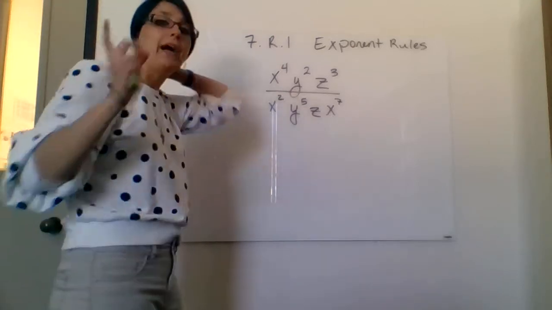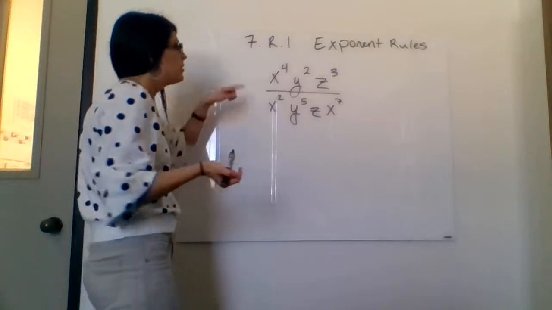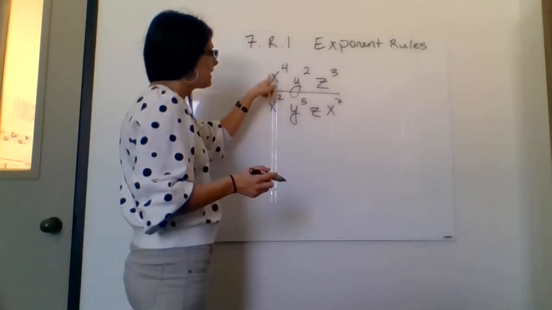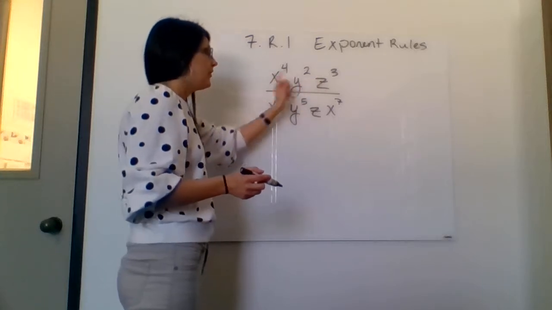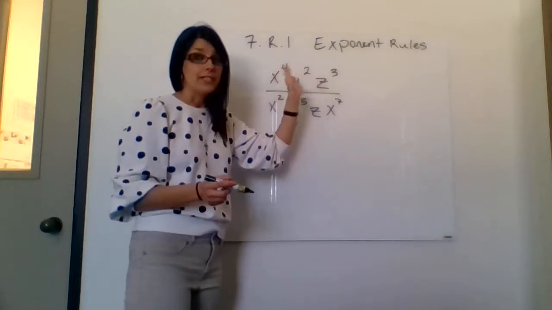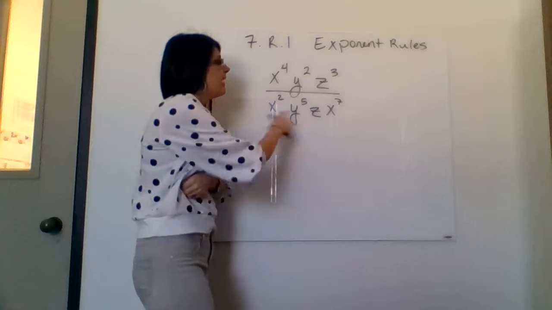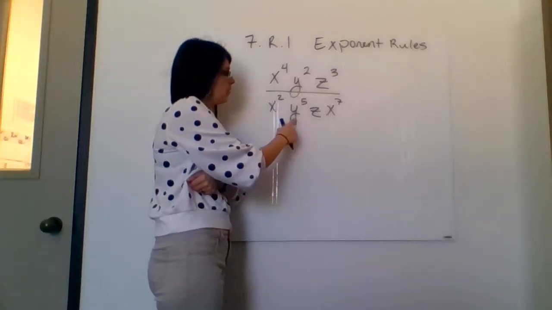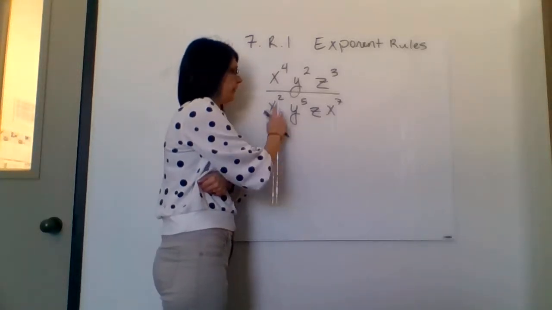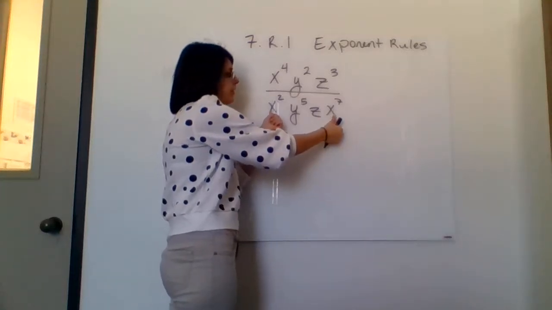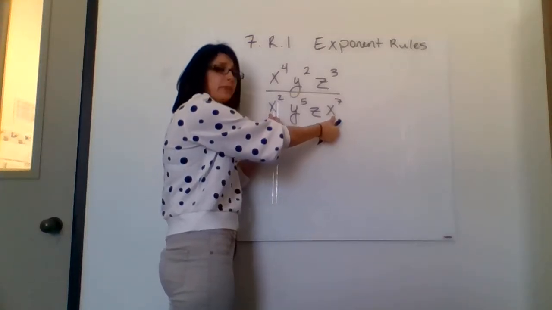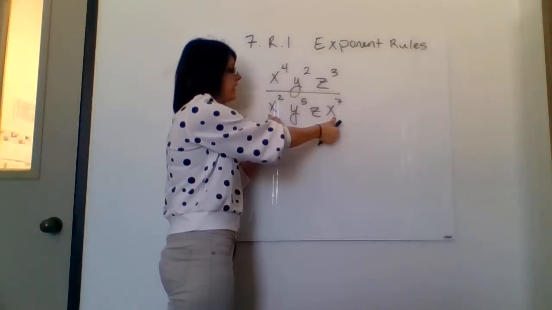So I'm going to start by combining all of my same bases. In the numerator, I have x to the fourth times y squared times z cubed. These are all being multiplied together, but all the bases are different, so I can't combine any of those. In the denominator, I have x squared, y to the fifth, z, x to the seventh. All of these are being multiplied together, and here we see we have common bases. So the property of multiplication for our exponent rules is going to come into play.